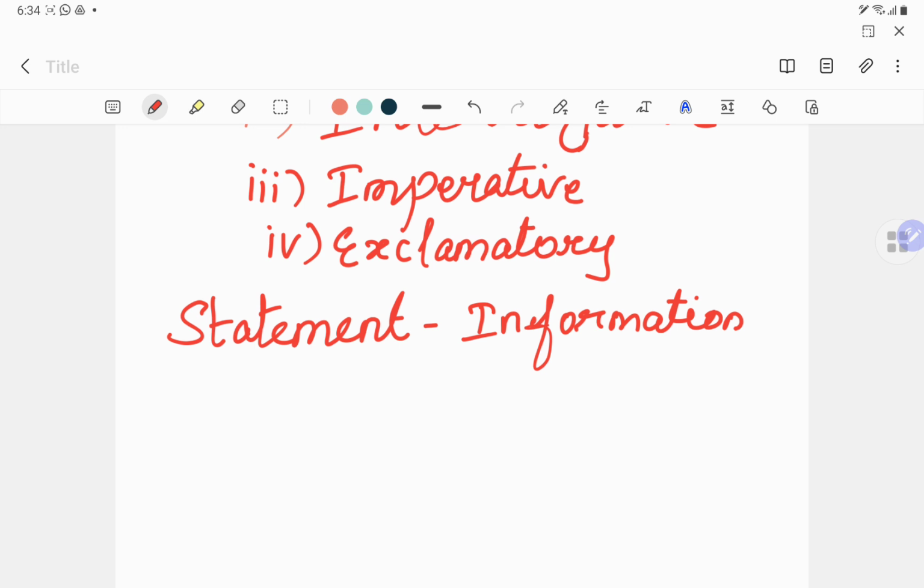So anyone wants to tell their information to others means that is called as a statement, or else you can call it as an information sentence or assertive sentence. ஒரு நார்மலான விஷயத்தை நம்ம ஷேர் பண்ணுறோம், உங்கள் தினசரி வாழ்க்கையில் நடக்கிற ஒரு விஷயத்தை ஷேர் பண்ணுறீங்க அப்படின்னா that is called as a statement.